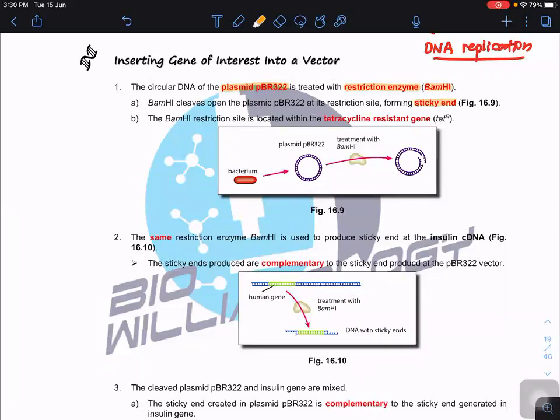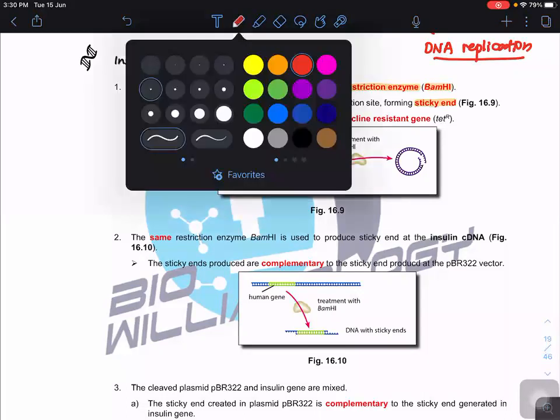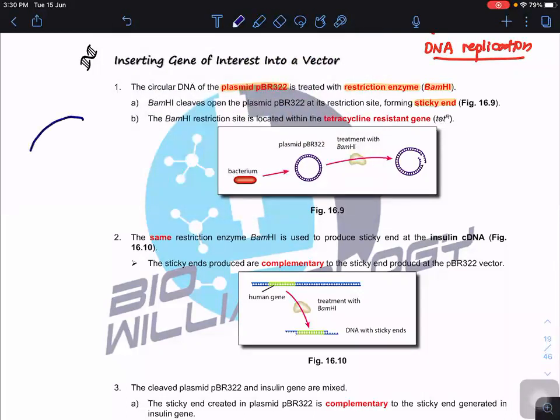If you look at this plasmid, pBR322, it has two antibiotic resistance genes.